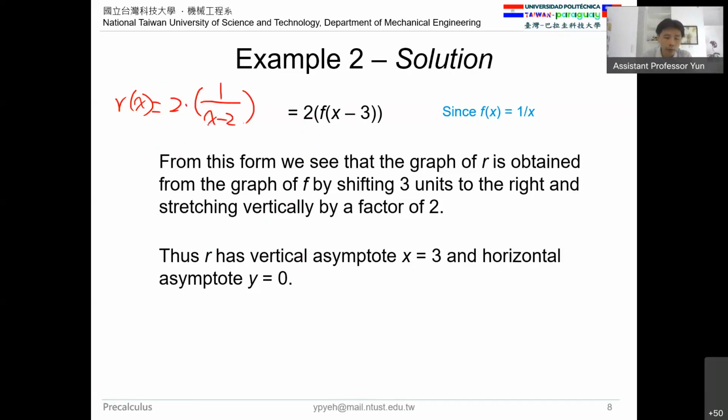And since we know the denominator, if we find the domain and the range of these functions, and since we know this x term is in the denominator, x cannot be equal to 2, because when x equal to 2, then x minus 2 will equal 0, which means this 1 divided by x minus 2 does not exist.